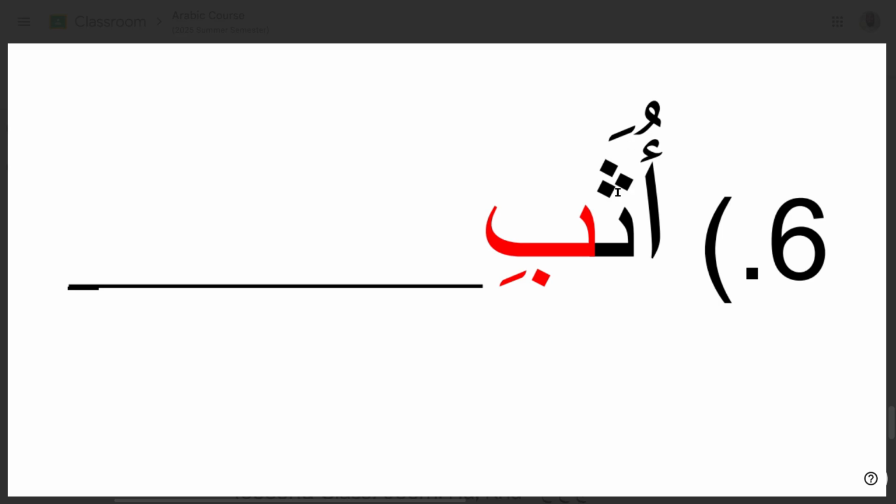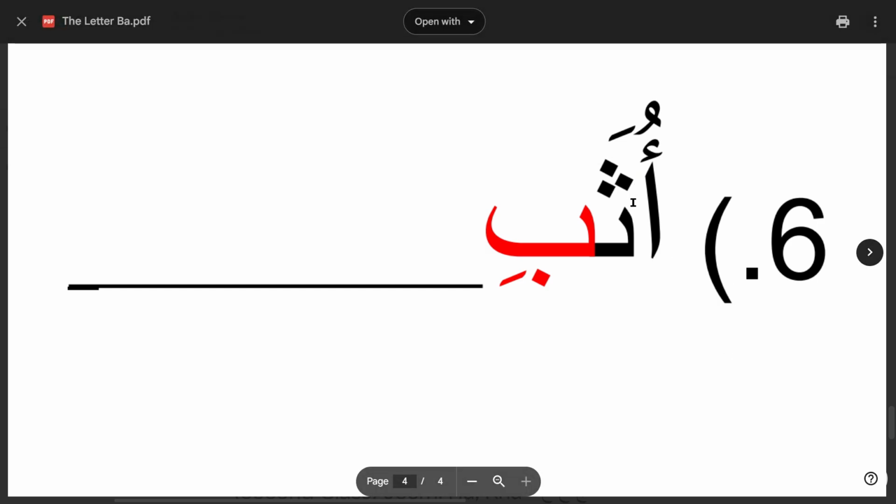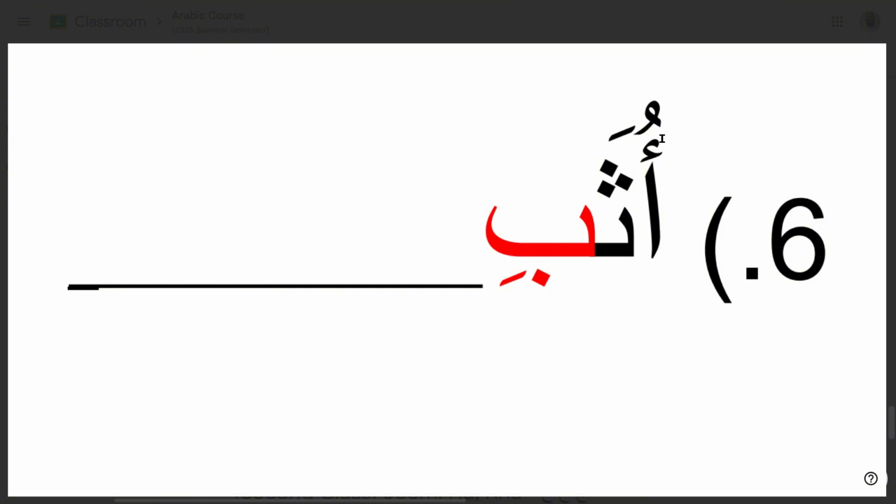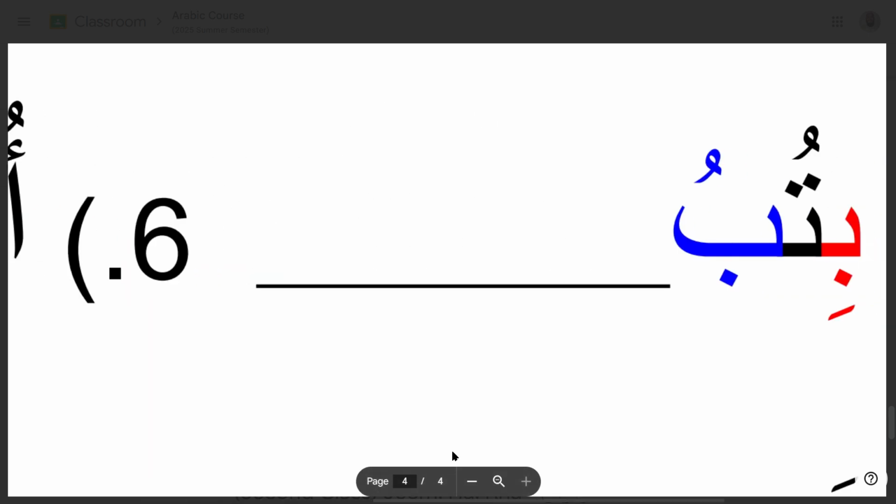Tha has a fatha, so you have to add an a. Uthabi. There you go. Good job. Uthabi, right? I also like that when you didn't see the fatha, you were doing the sukun sound. That's good too. I'm going to give examples of the sukun soon. Alif dhamma u, tha fatha tha, ba kasra bi. Uthabi. Good, good. I can hear your brain working. It's awesome.